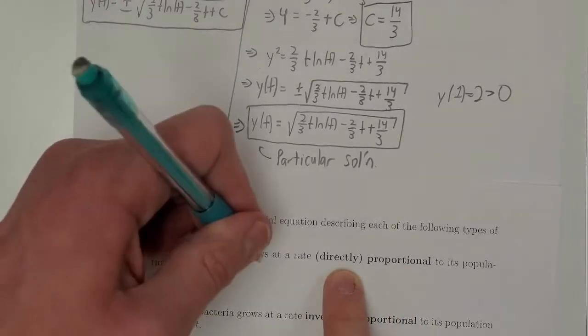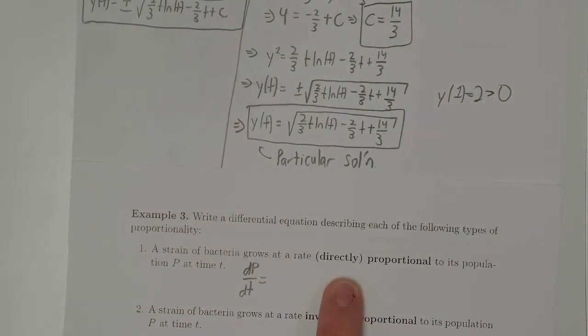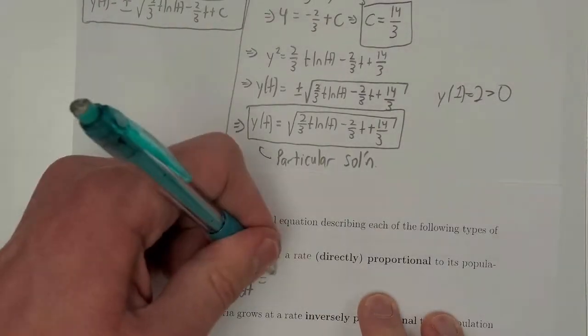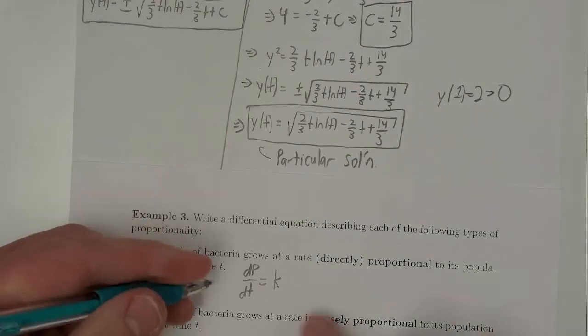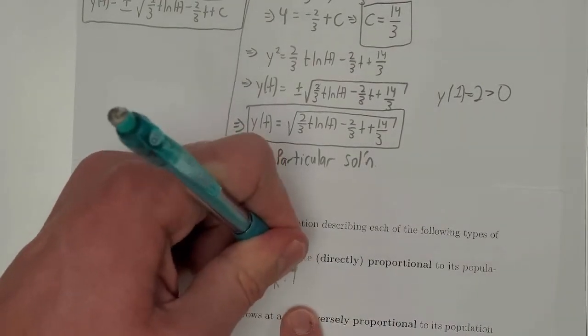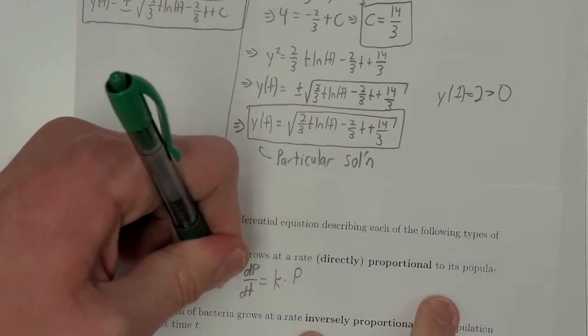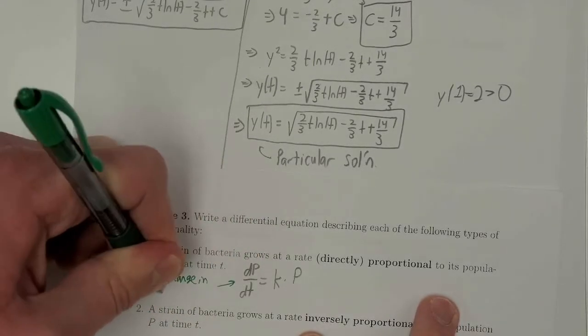So in this case, we have dP/dt equal to a proportionality constant k times P. Remember, dP/dt is the change in population.